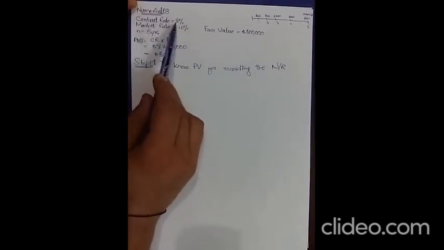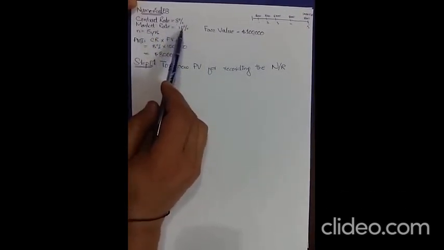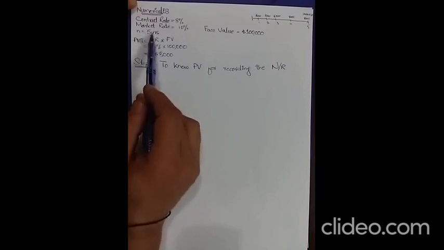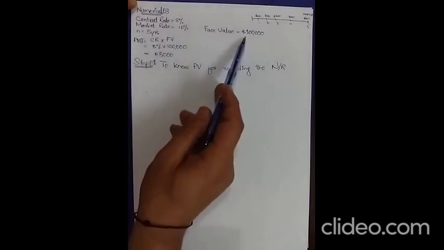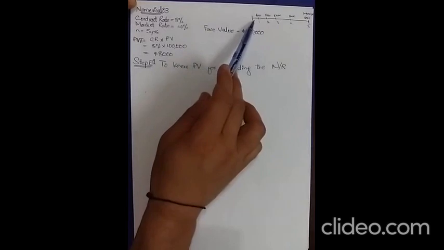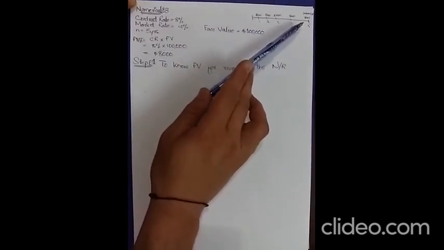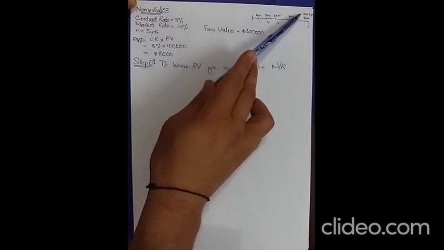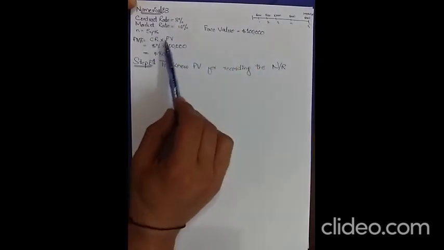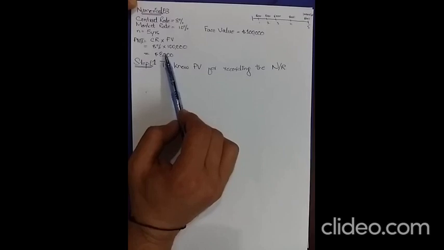Our contract rate, as discussed, was 8%, the market interest rate 10%, the life of the contract is 5 years, and the face value is $100,000. Based on the data, the timeline is that we will receive 8,000 each year till year 5, and we will also receive the face value. So the PMT is $8,000.